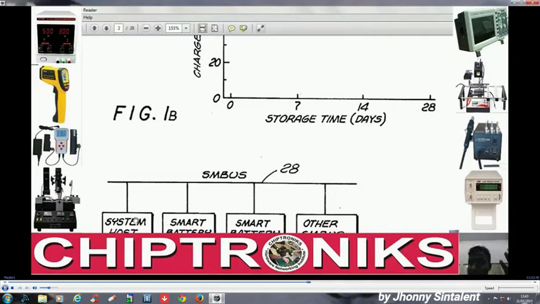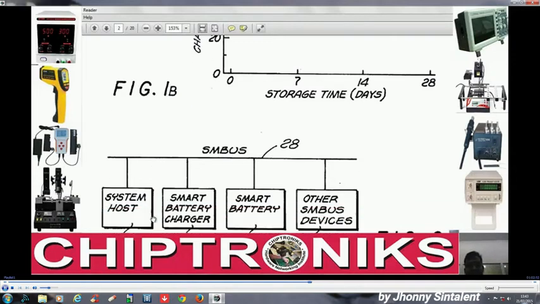If you like, I would have a separate class on SM bus later on. But right now, you should understand SM bus to be a two-wire topology, where in this SM bus system, the system host can be anything, but when you are referring to a notebook motherboard, the system host is the IO controller. The smart battery charger is the charger IC.